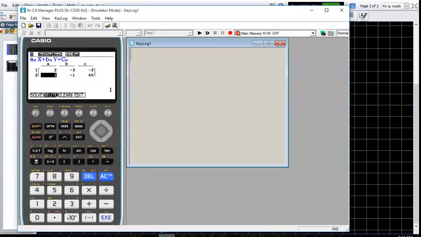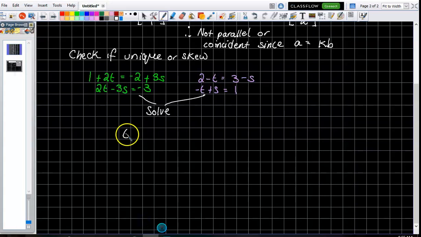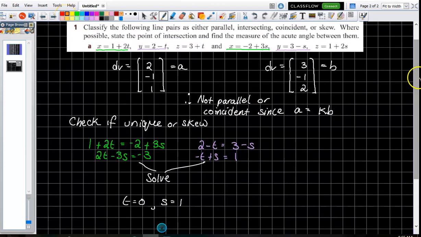Minus 1, 1, 1, minus 1, 1, 1. Quickest calculator in the West. 0, 1. Okay, so we've got t equals 0, s equals 1, and now we must check and sub into our z.